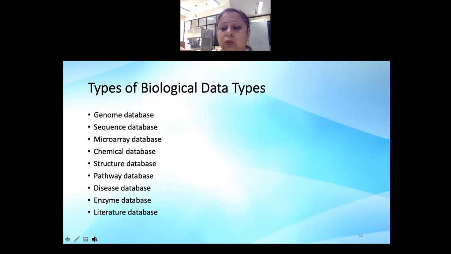So now, what type of biological data you will use based on the type of information it carries? They are broadly classified into genome databases, where the genomic information is held, sequence databases, where you can find the information about genome sequence, microarray databases.